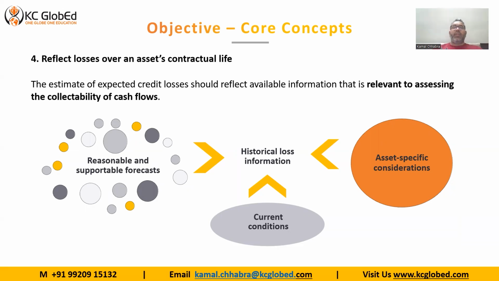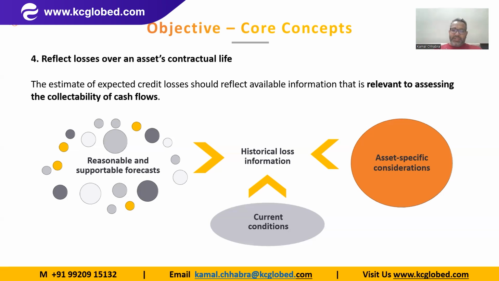In that scenario, you need to estimate this expected credit loss at each balance sheet date. It's not like you estimate it one time and then you are good. No, every time at each balance sheet date, you need to re-estimate. That is your responsibility under ASC 326.